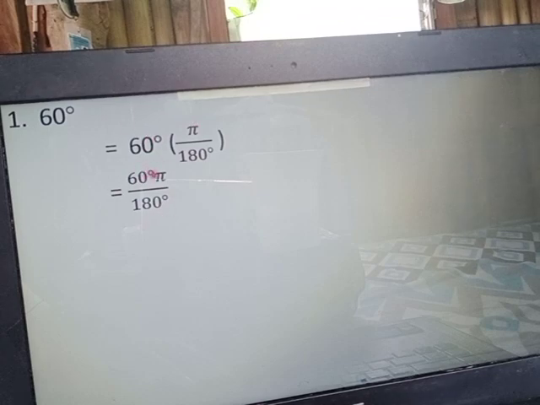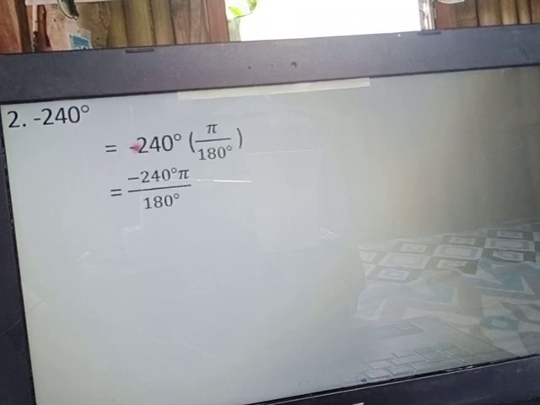Cancel the degrees here. Then simplify 60 and 180. We divide by 60. 60 divided by 60, we have only pi in the numerator, and 180 divided by 60 is 3. Therefore, this is equivalent to pi over 3 radians.